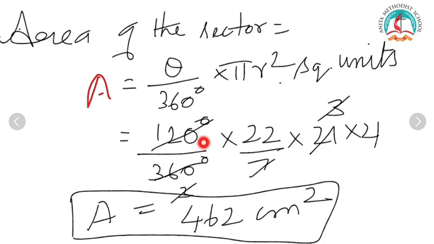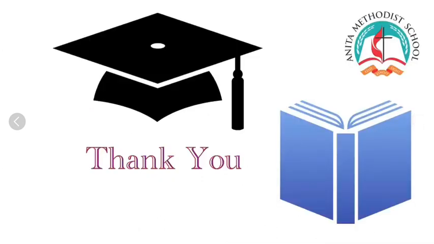So 120 degree by 360 degree into, we know the value of pi. What is the value of pi? 22 by 7. And we know the radius also. What is the radius? 21. Because it is square, we write 21 into 21. By cancelling, you get 462 centimeter square.